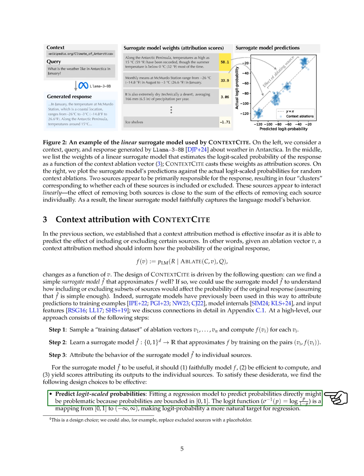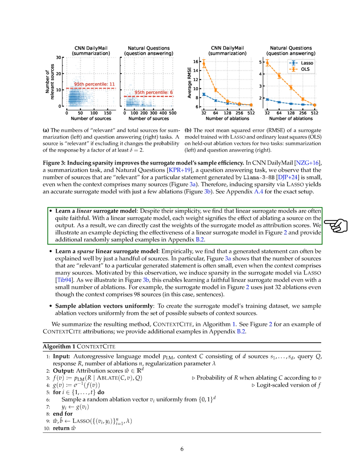1. We predict logit-scaled probabilities instead of direct probabilities to avoid issues with bounded values. 2. We use a linear surrogate model, which, despite its simplicity, often provides faithful representations. Each weight in this model indicates the effect of removing a source. 3.